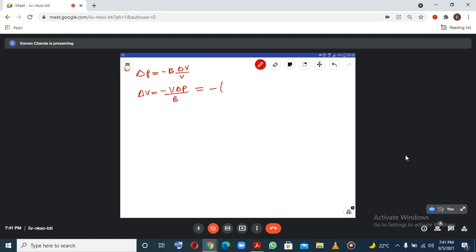We know that the initial volume they gave us is 0.5 meter cubed for the lead.